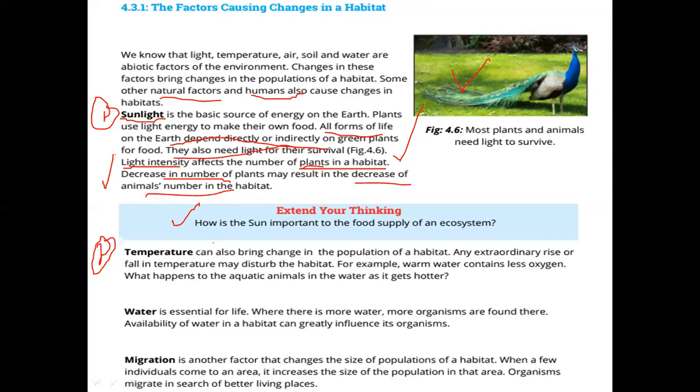So temperature is also related to the sunlight, as in summer there is high temperature and in winter there is less temperature. So it can also bring a change in the population of a habitat.